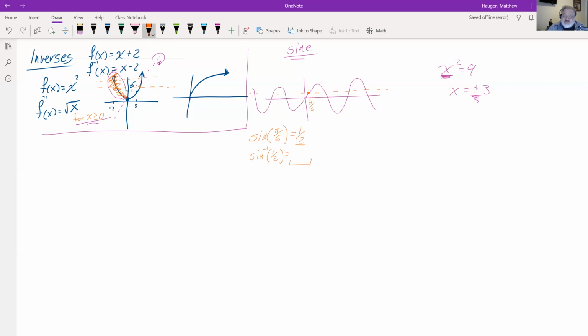Well, the trouble is, if we had just this sine inverse all by itself, then that inverse function has no way to tell us which one of all of these angles it's supposed to give us, because all of those angles make the sine equal to 1/2.